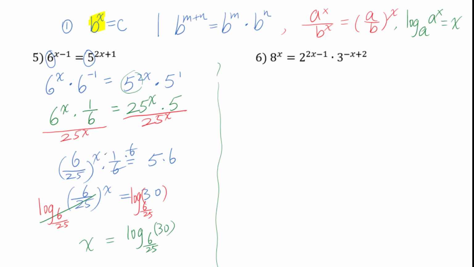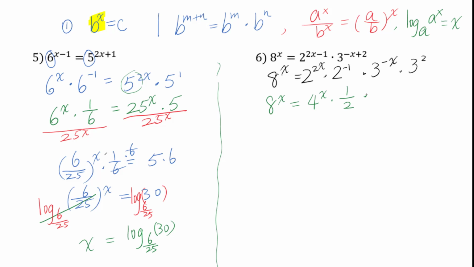For number 6, 8 to the x power stays. 2 to the 2x power times 2 to the negative first power times 3 to the negative x power times 3 squared. Organize: a to the x power equals 4 to the x power times 1 over 2.